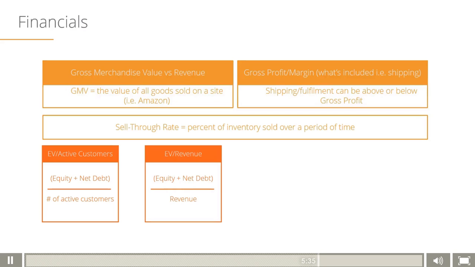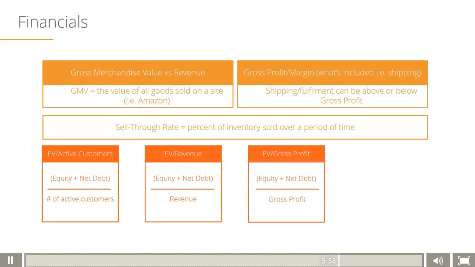EV to revenue, we're now getting a little bit closer to cash flow. Again, the value of the equity plus the net debt divided by the revenue. Multiples of EV to revenue could range anywhere from 0.5 times to 3 or 4 times, depending on a variety of factors, and we'll get into that a bit later.